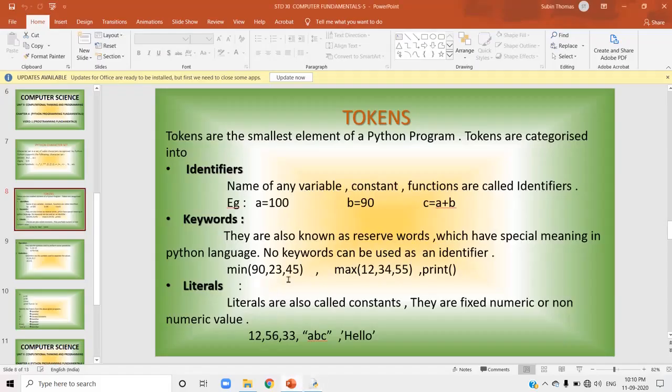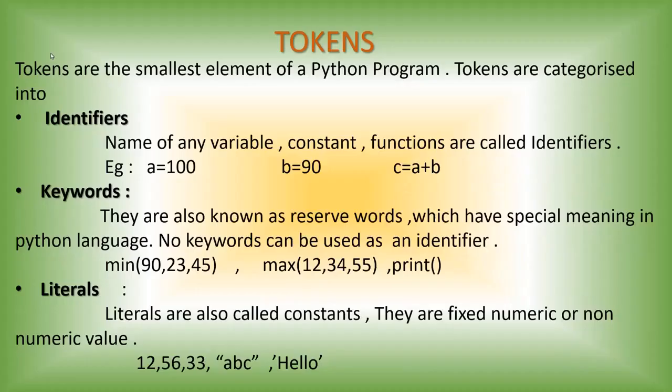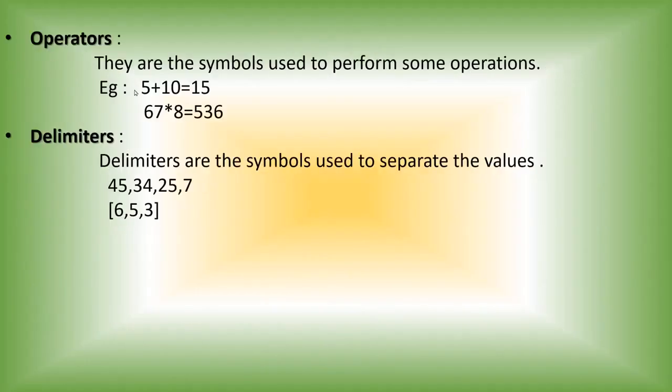Now we can see the next type of token, operators. You know this term; in smaller classes we studied the term operator. Operators are the symbols used to perform some operation.